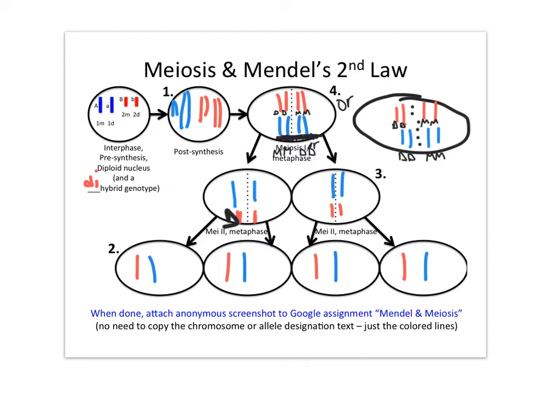Dad, mom, dad, mom. So we've got dads on the left, mom chromosomes on the right. So we've got all dad versions of the alleles in that cell, all mom versions in that cell. Of which chromosome? So it's dad's reds, mom's blues.